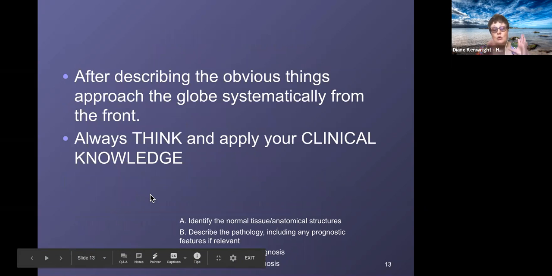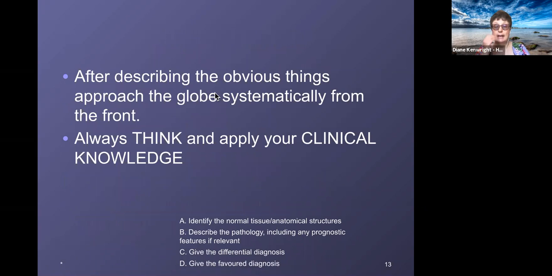Okay, so once you've described the tumor, just start at the front and check, right? Check the obvious things. Check whether there's anything extra happening in the cornea. Is it edematous? Check whether the angles are in fact open and what the trabecular meshwork looks like. Just check. And always use your big advantage, which is your clinical knowledge, okay?